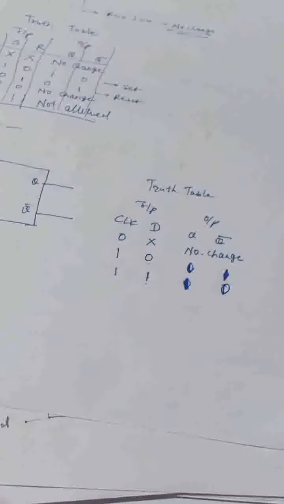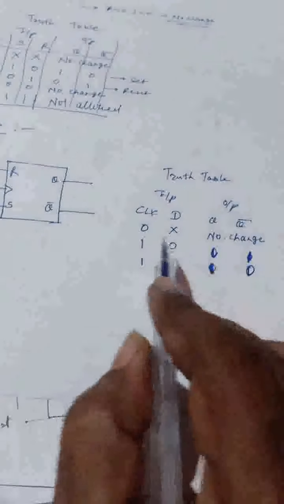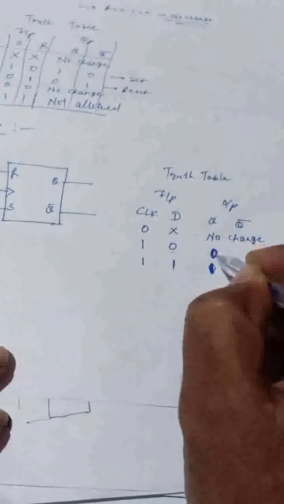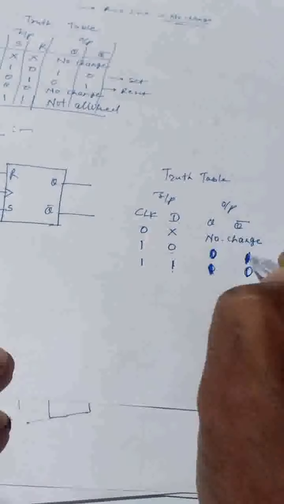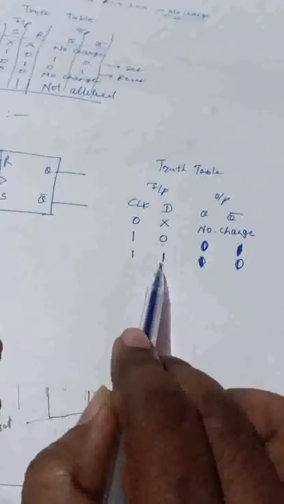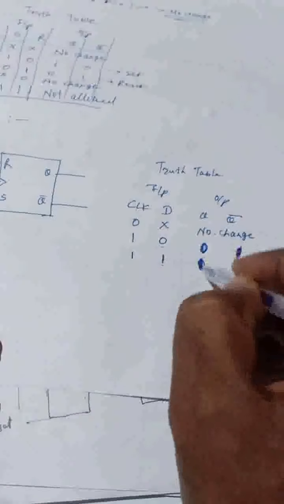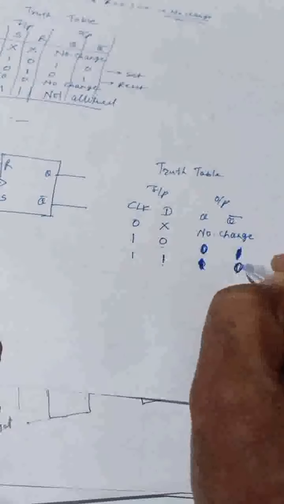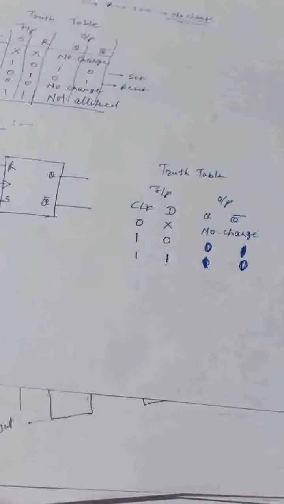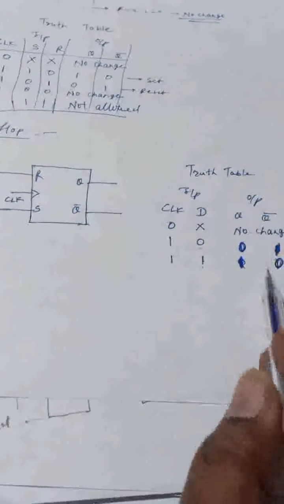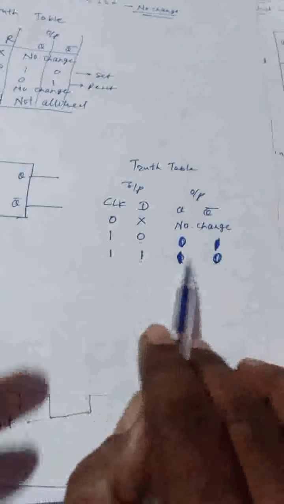Little mistake, sorry for that. So D is 0, Q is 0 and Q bar is 1. And D is 1, Q is 1 and Q bar is 0. Sorry for that, it was in the flow of explaining, we just explained it wrong.